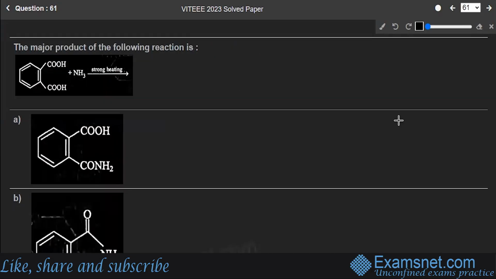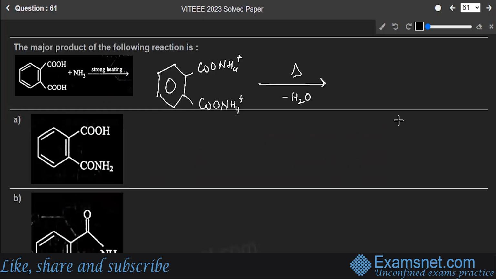Let's move to the next question, number 61. The major product in the following reaction is, let's complete the reaction. So this is the reactant and first of all, on treating this, you will get a benzene ring and here will be COONH4 and COONH4 over here. Again, on strong heating, water will be removed from here and you will get CONH2, CONH2.